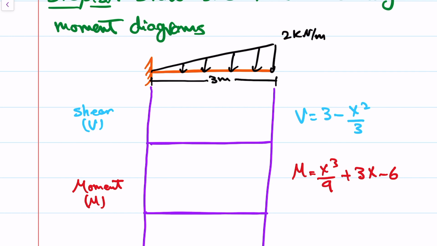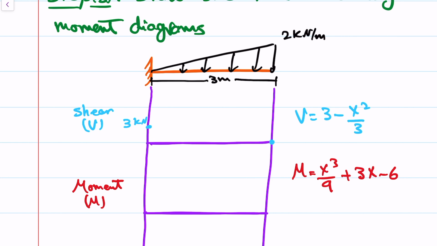The shear will be, x equals 0, that means shear equals 3 kilonewton. At x equals 3, then it will be 0, right?